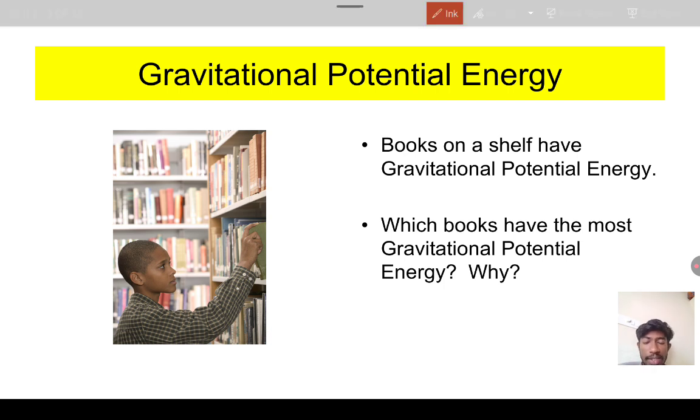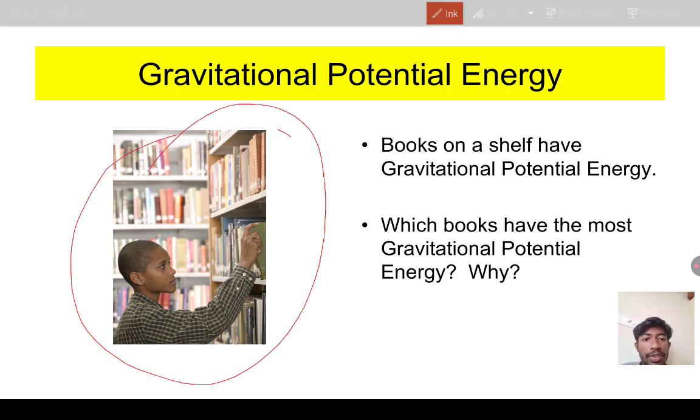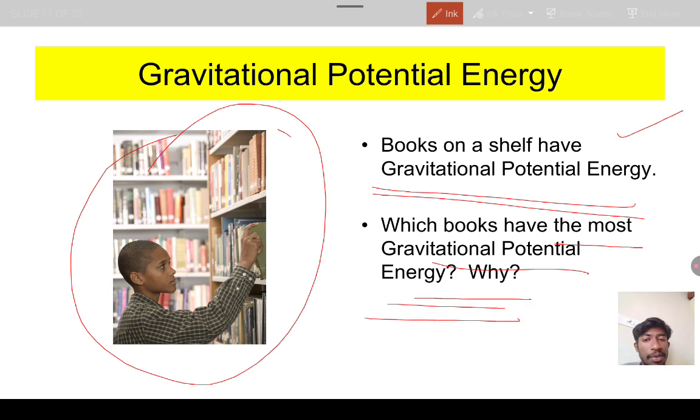Gravitational potential. I told you I will ask a question. There is a simple question. See, there is a bookshelf. Books on the shelf have gravitational potential energy because everything on Earth has it. So, which book has the most gravitational potential energy and why? I will tell you this.